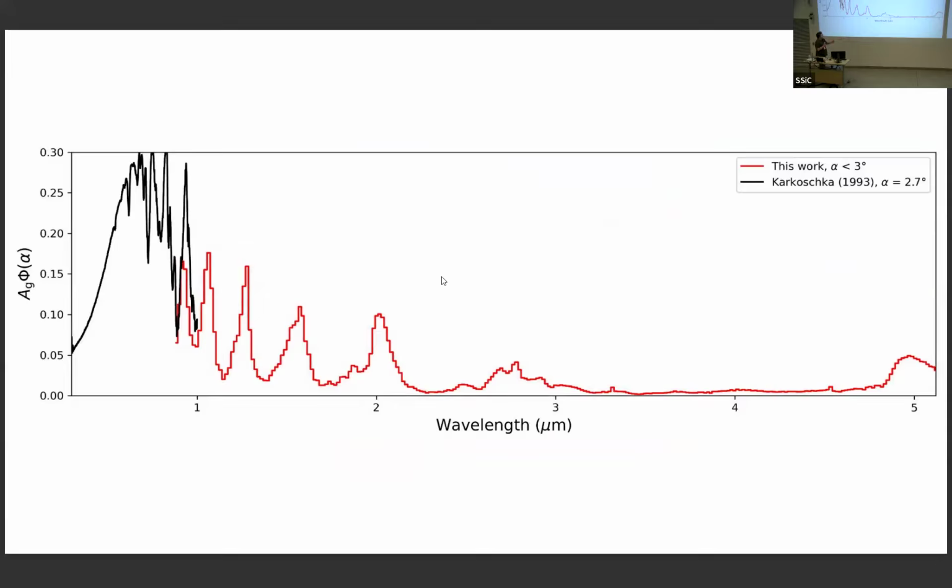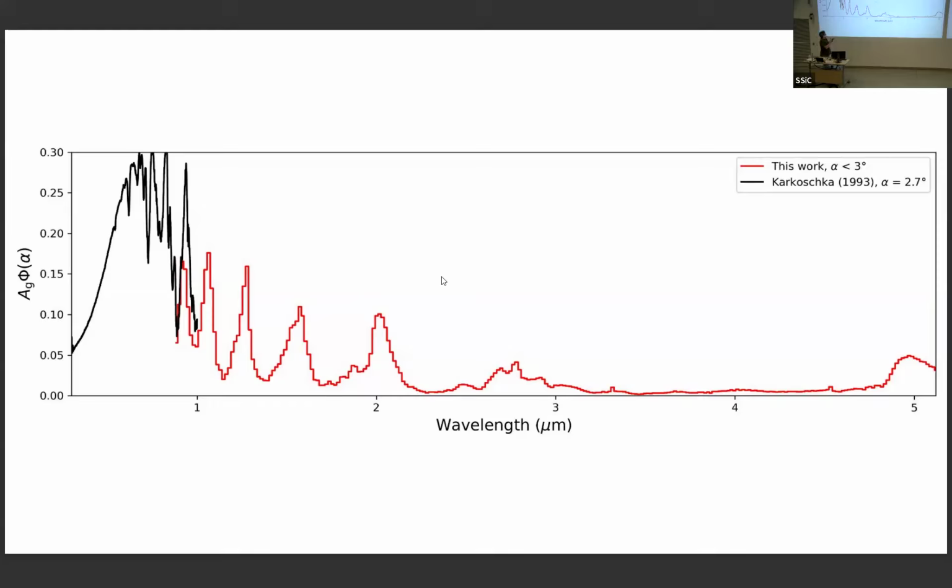We also included data from work by Eric Karkoschka in the 90s, who did Earth-based imaging of Titan. And it's in decent good agreement. There are reasons why there is a big discrepancy around here, just due to saturation, but there's also recent work using JWST data of Titan that is also in pretty good agreement with this spectrum.